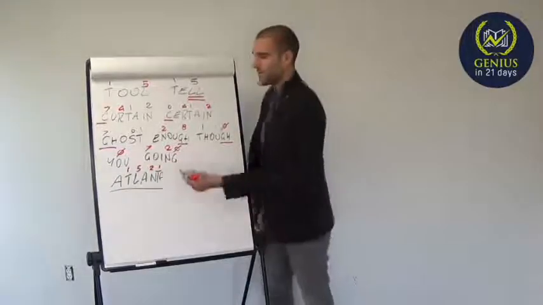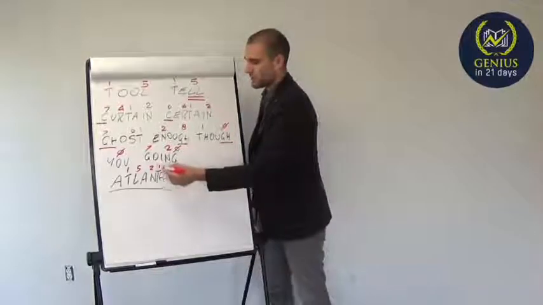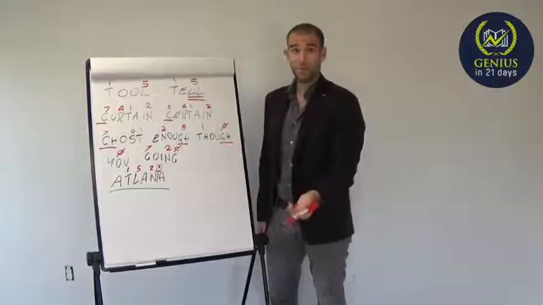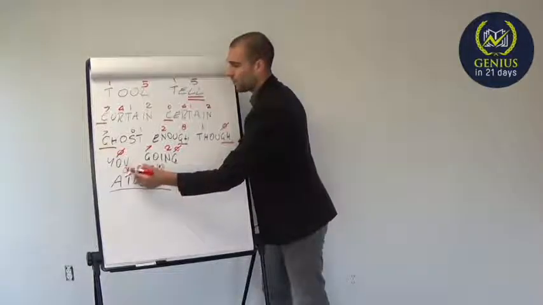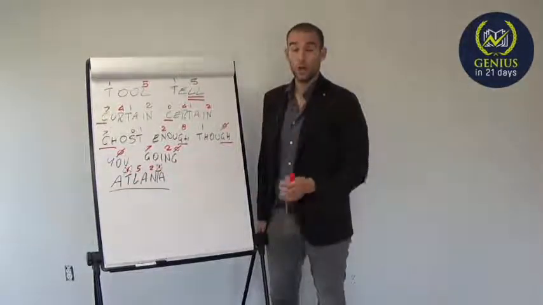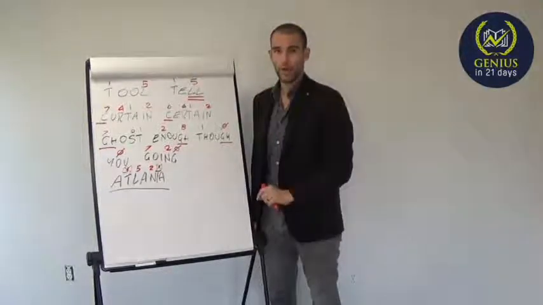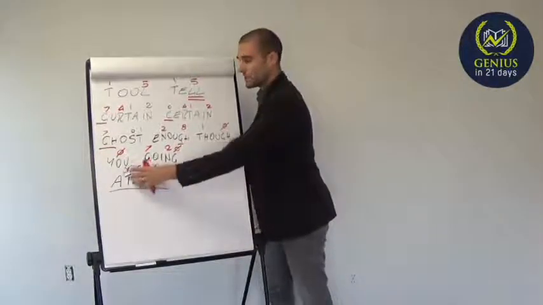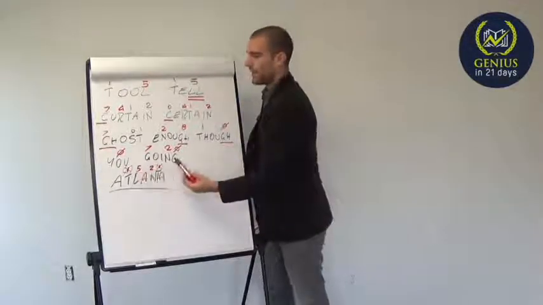Some people pronounce it Atlanta, so since you don't pronounce the second T, you don't even translate it. And those people will not even translate number 1 here because they don't pronounce it. So what really matters is the sound of the word again and the way you pronounce it. If you say Atlanta, you will translate all these sounds. If you just say Atlanta, you will just translate L and N.